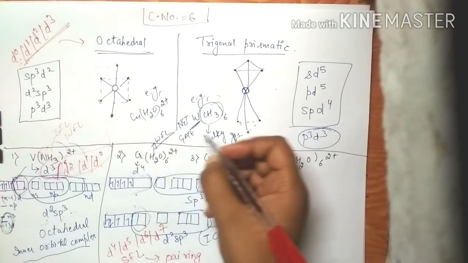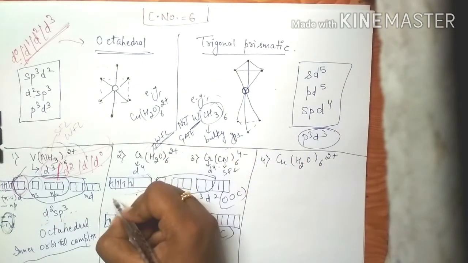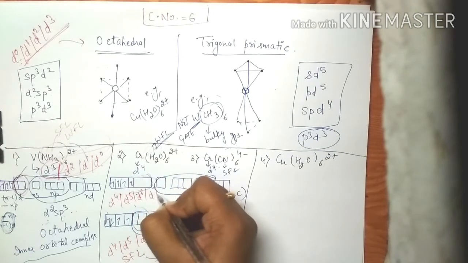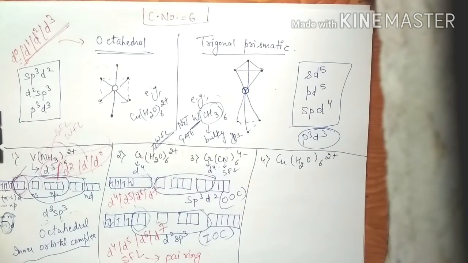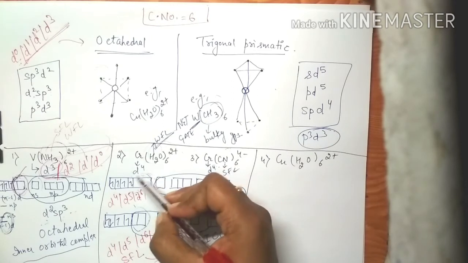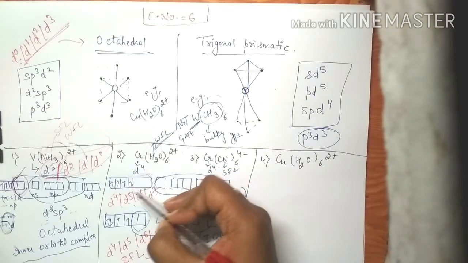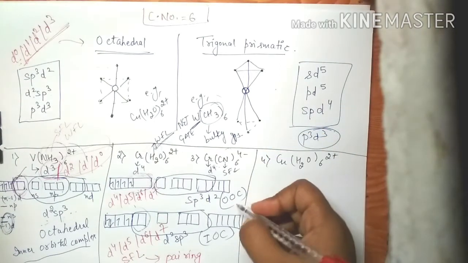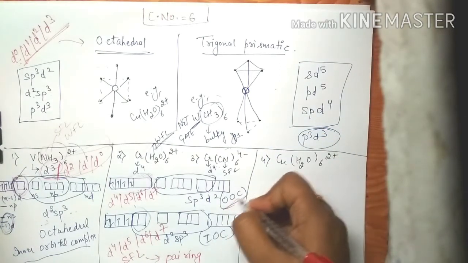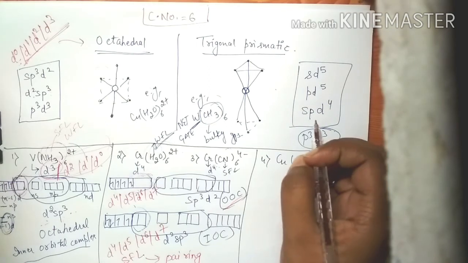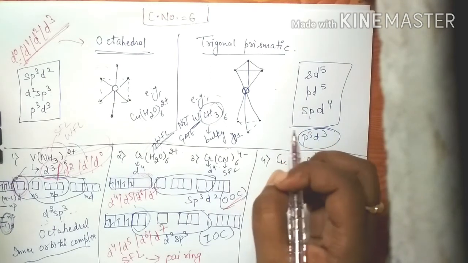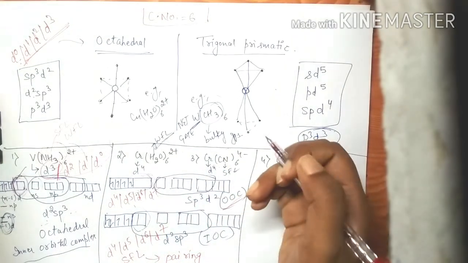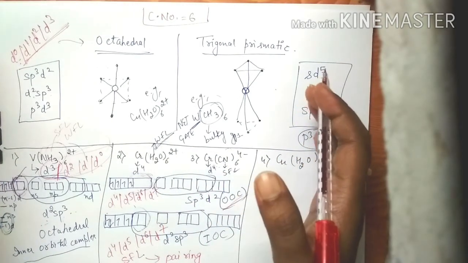Also, in case of weak field ligands, in d4, d5, d6 and d7 configurations, 2 d orbitals will not be available for d2sp3 hybridization, so we will have an outer orbital complex. For any complex having a central metal ion with d4, d5, d6, d7, we have to look at the ligands.